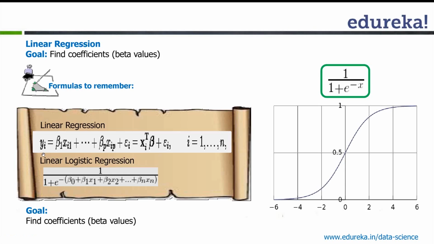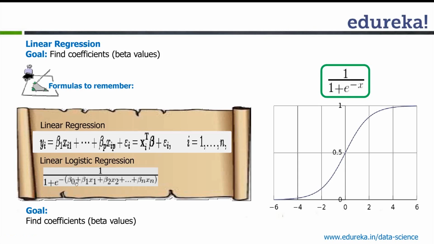Okay, and in case of logistic regression, you don't consider your target as a linear combination. Instead, you consider it as a logit function, which would look something like this. So instead of simply a linear combination, I would think of yi as 1 over 1 plus e power minus of all this.